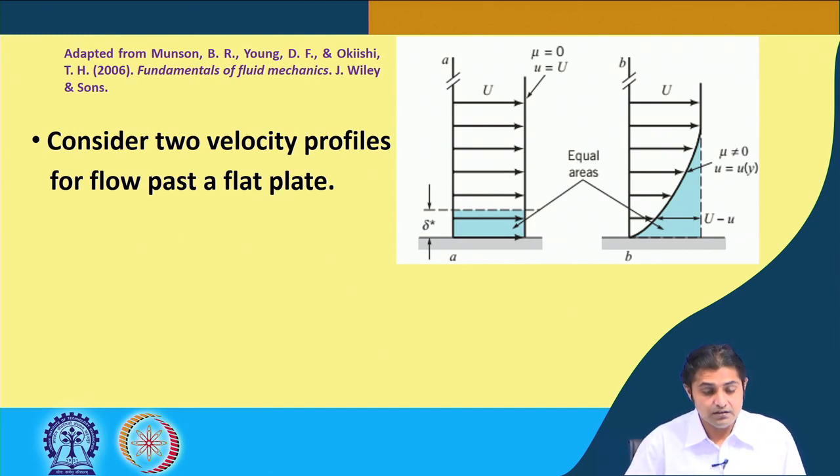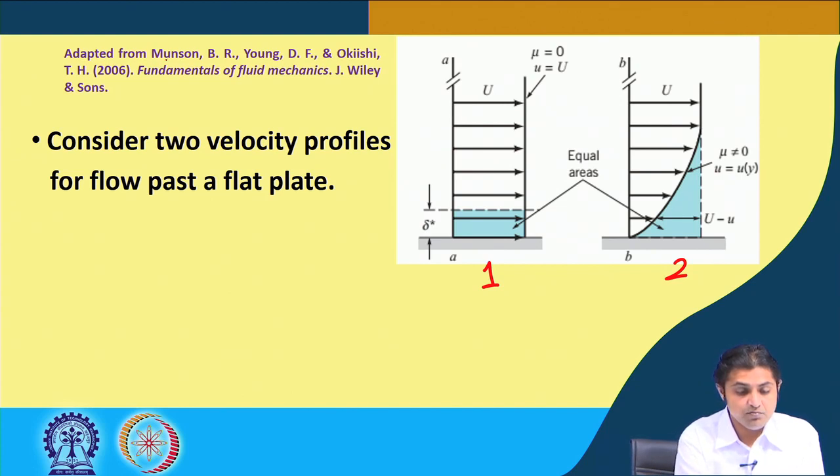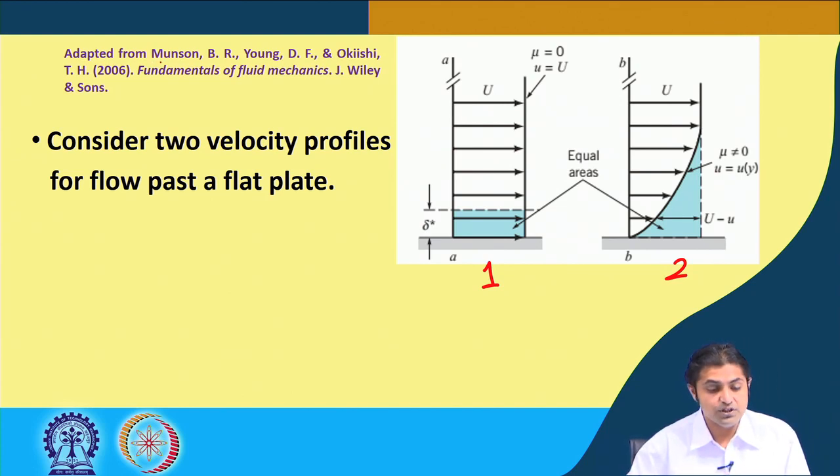We consider two velocity profiles for flow past a flat plate. So, this is the flat plate here. This is section one, this is the one velocity profile, this is 2, and both have equal areas. This figure has been taken from Munson, Young and Okiishi, Fundamentals of Fluid Mechanics.